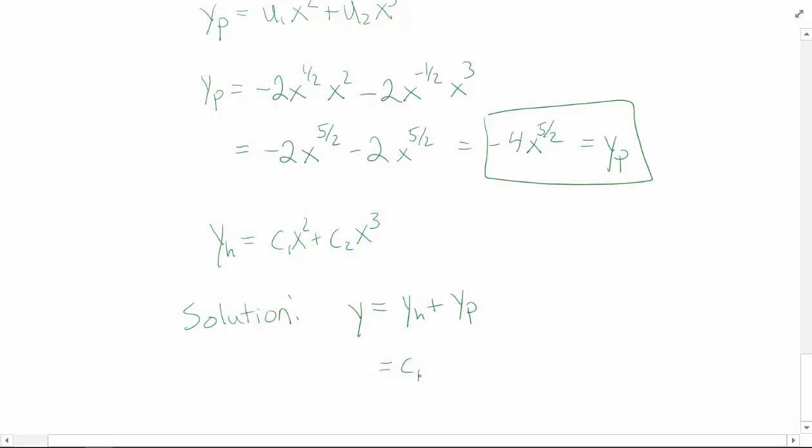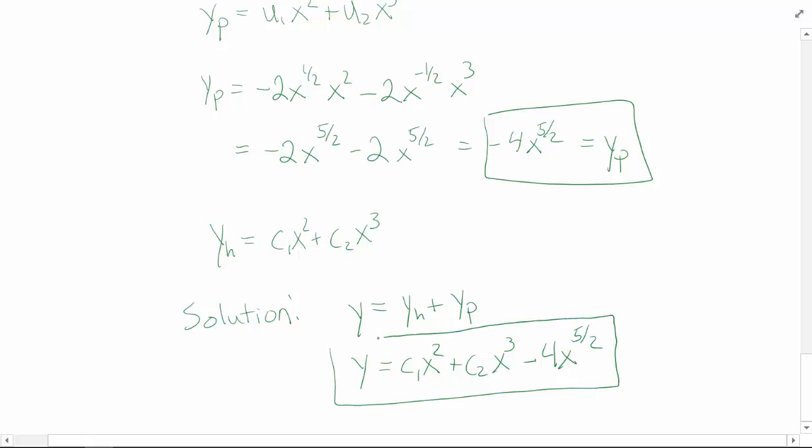In this case, it's c1 x squared plus c2 x cubed plus the particular, which is negative 4x to the 5/2. So there's my solution to that DE, where again, I already knew what the solutions to the homogeneous were. I didn't cover how to find those at all. Variation of parameters is just an approach to find a particular solution when you already have that fundamental set of solutions.